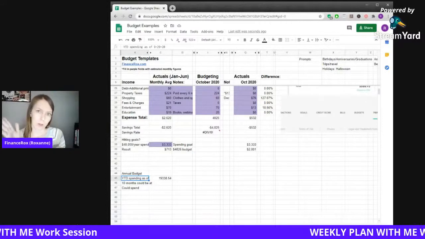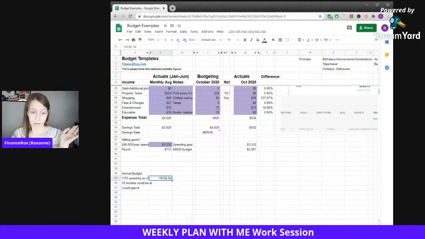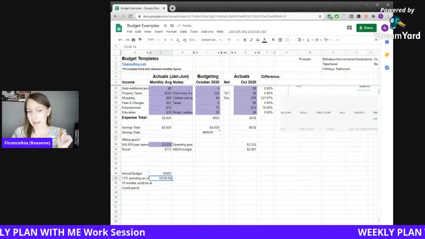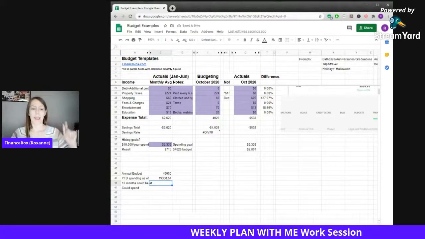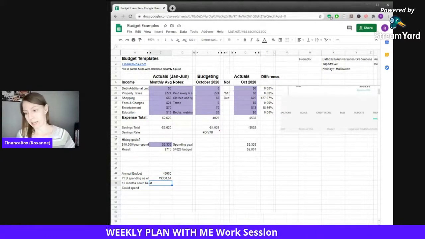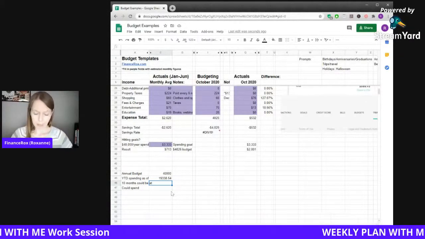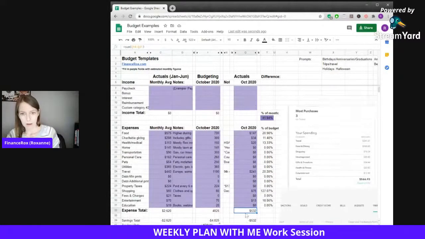So our actual year-to-date spending is $19,338.54. Our annual budget is $40,000. So still way under budget considering we're in October. Yeah, so we've spent $532 so far this month.